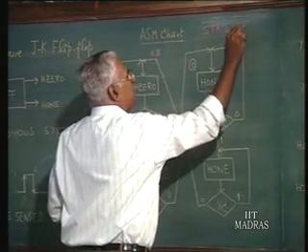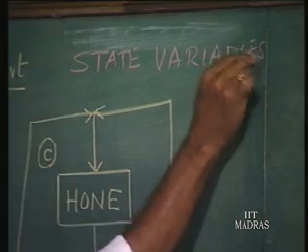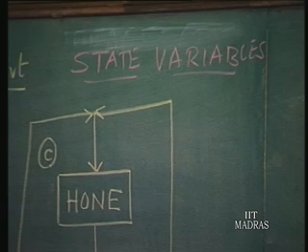These are 2 variables, capital A and capital B, which represent the states of the machine.